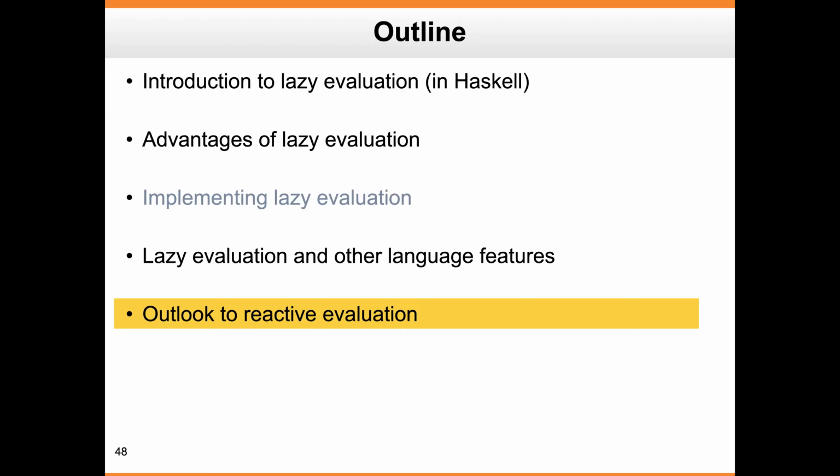The second part is this: why is there so much overhead, for example, in Java streams? Or can we have super efficient, low overhead evaluation?